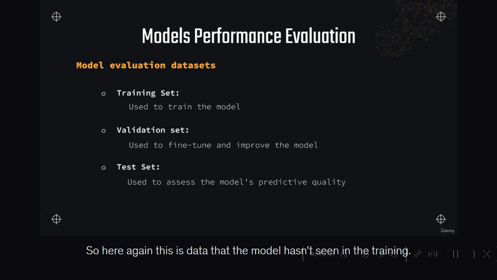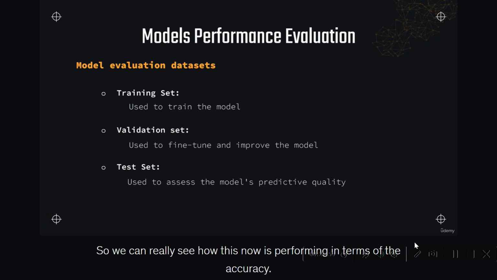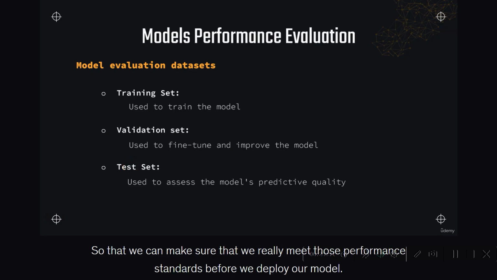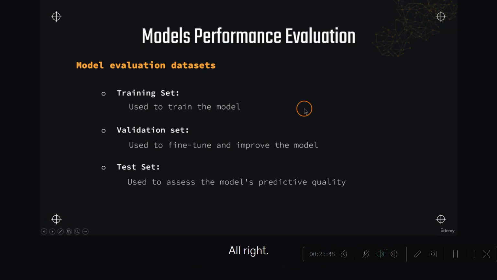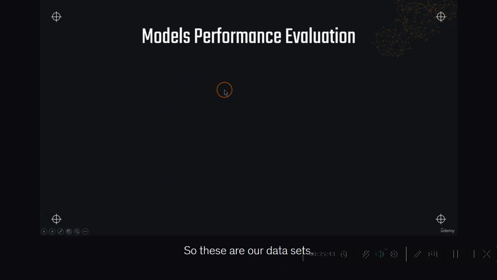Here again, this is data that the model hasn't seen in the training, so we can really see how it is performing in terms of accuracy, so that we can make sure that we really meet those performance standards before we deploy our model. All right, so these are our data sets. And now let's talk about a few important concepts.